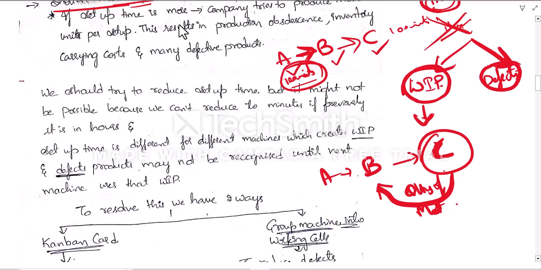What B will do, B will issue that Kanban card to A about the quantity of material A should supply to B at a particular point of time. This will reduce the work in progress.